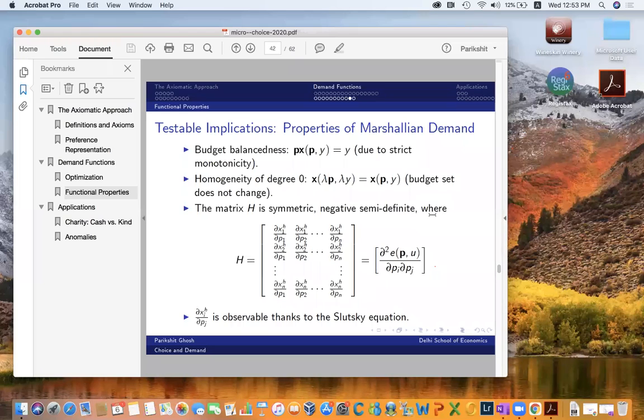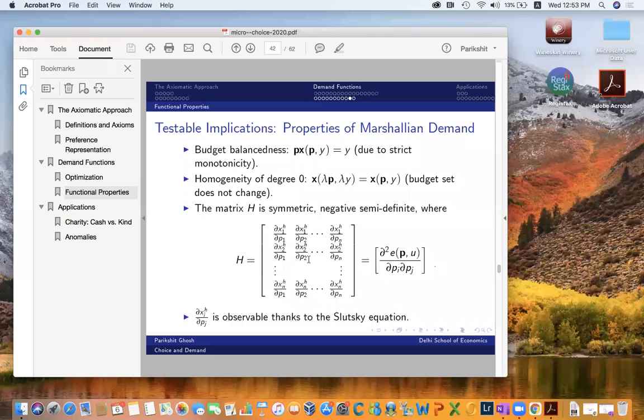As I discussed earlier, if a differentiable function is concave, the calculus property that has to be satisfied is that the Hessian matrix of that function has to be negative semi-definite. Its principal minors have to alternate in sign, right? Now, this matrix is negative semi-definite due to concavity of the expenditure function. Now, this matrix is equivalent to this matrix, right? These are the second derivatives of the expenditure function.